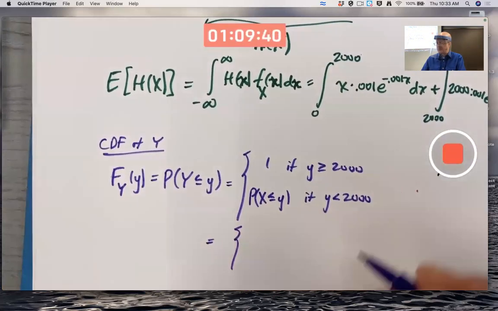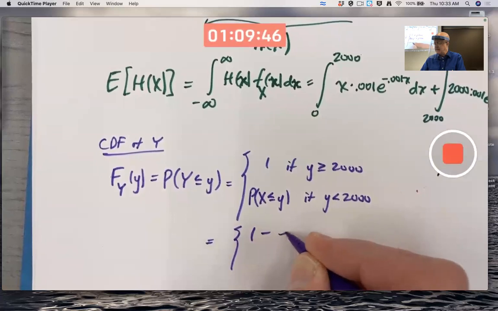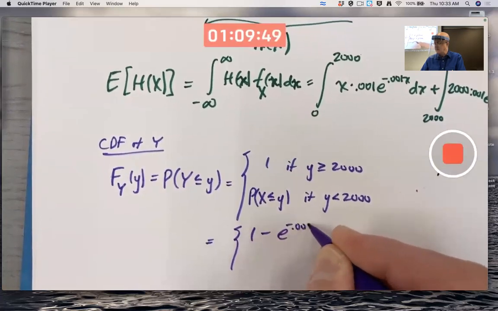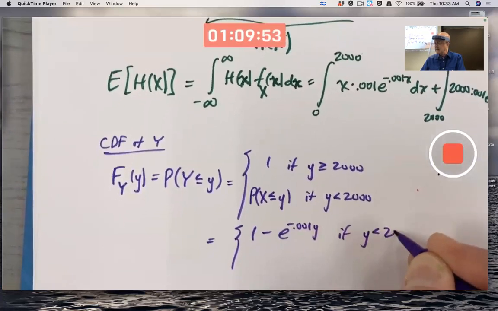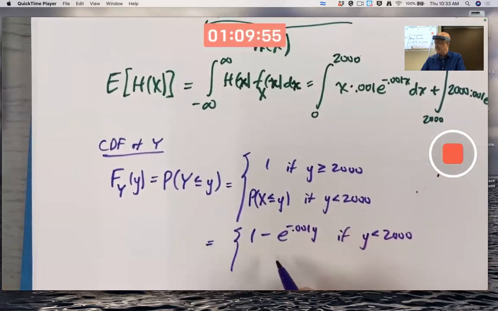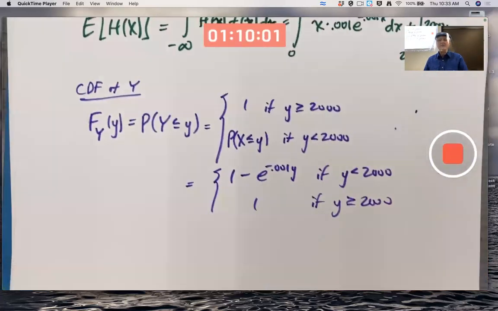And let me reorder these. That'll be 1 minus e to the negative 0.001 times little y. It's a piecewise function.